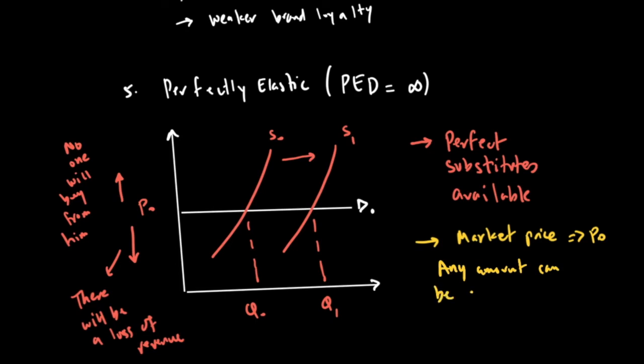If I have 20 units, 200 units, 250 units, any amount can be sold at the market price.